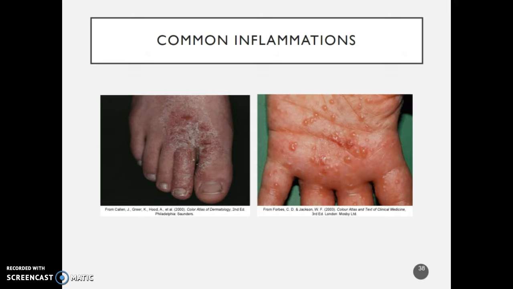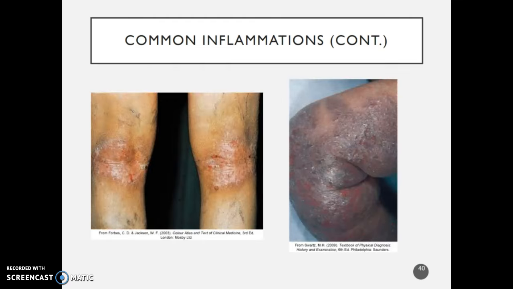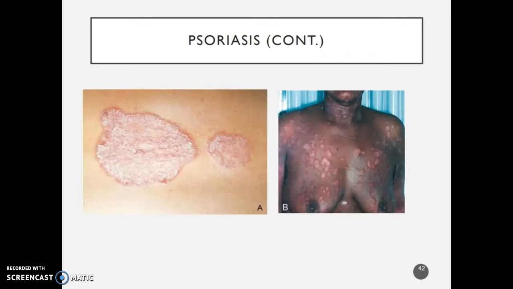This is eczema of the feet. And then some pustular eczema of the hand. So I won't read all these to you, but make sure that you go through and look at all of these so that you kind of get an idea of what a lot of different skin conditions may present like, and have pictures in your head that kind of go along with this.